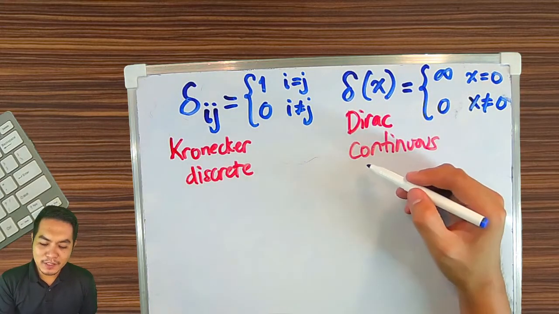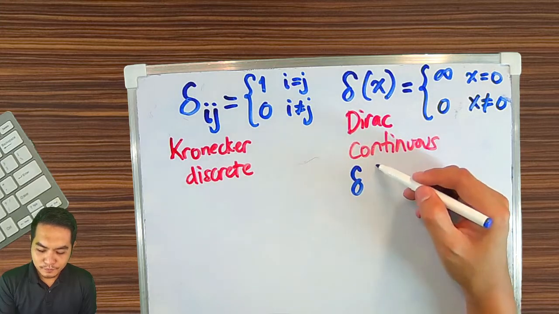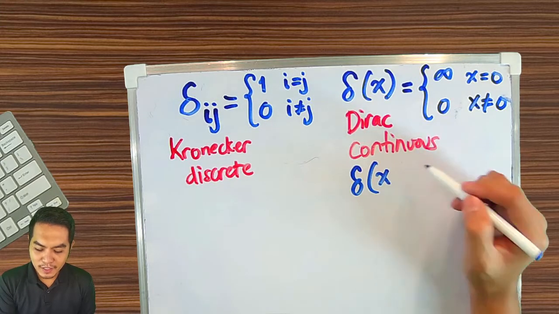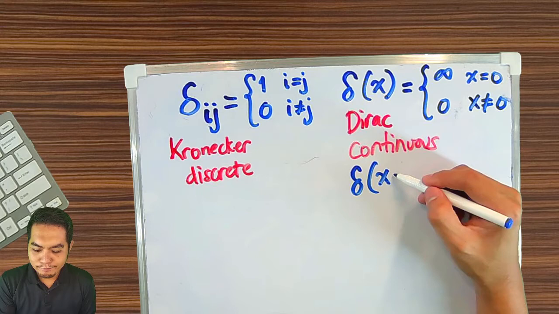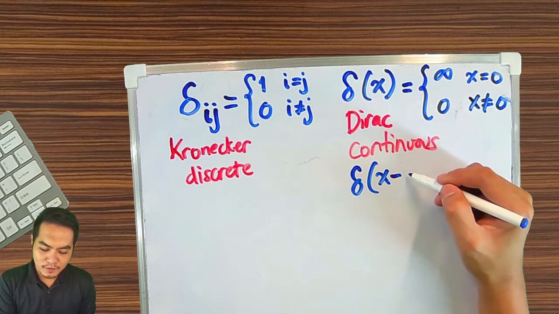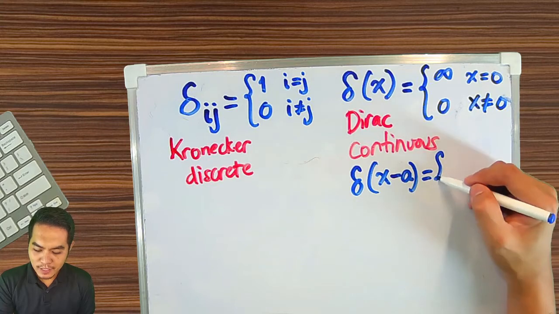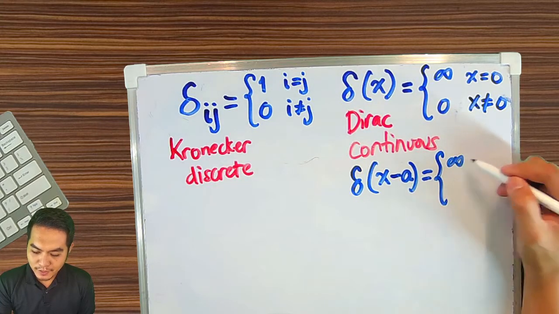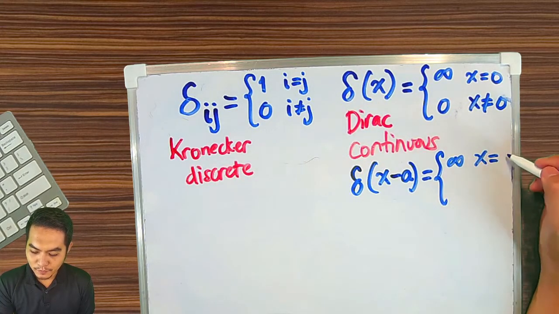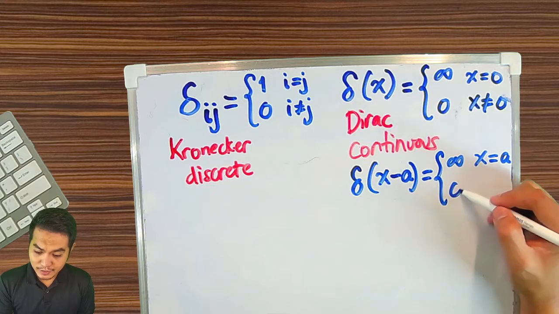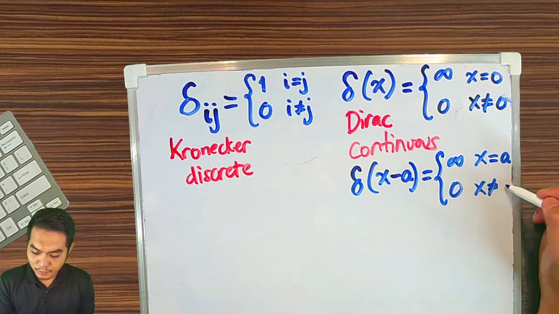But actually the Dirac delta function can be generally written as delta of x minus a, where a is some constant, and in this case it's infinity at x equal to a, and it's 0 at x not equal to a.